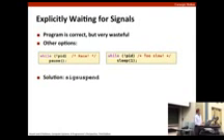Yeah, so the problem with this is, if the signal is received after PID is checked but before the pause executes, which is possible, right? It's unlikely, but it's possible.